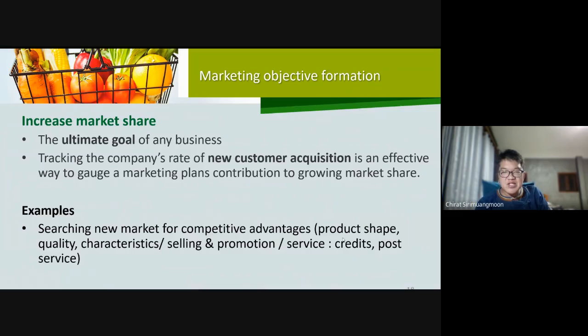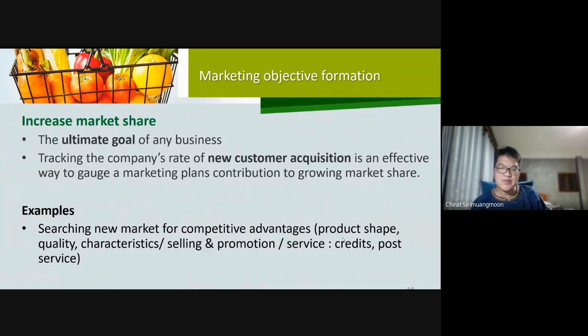So how do you increase market share? You need to keep tracking the company's rate of new customer acquisition, meaning you need to increase the number of people who use your products. That is a good sign. But if the number is very low or decreasing constantly, that is a problem you need to fix as soon as possible.